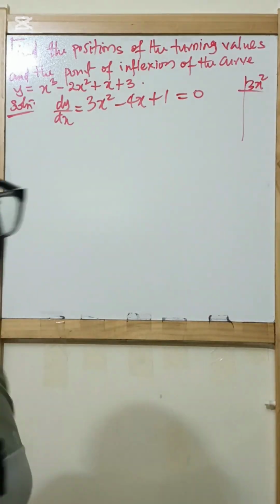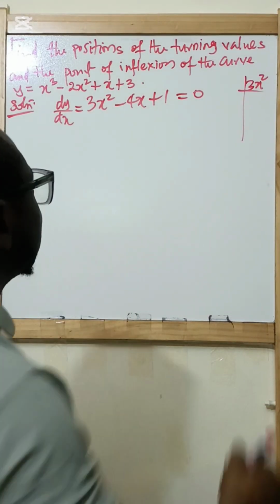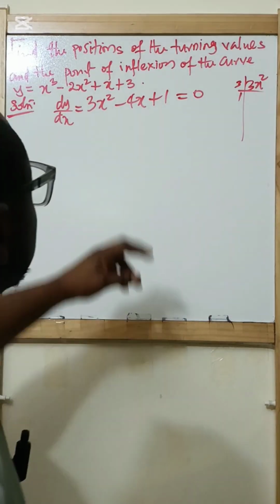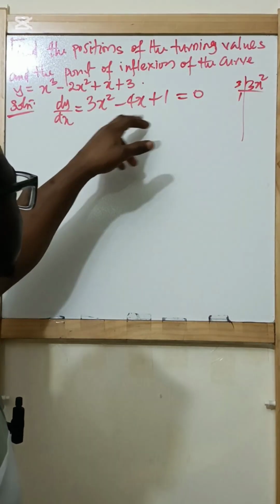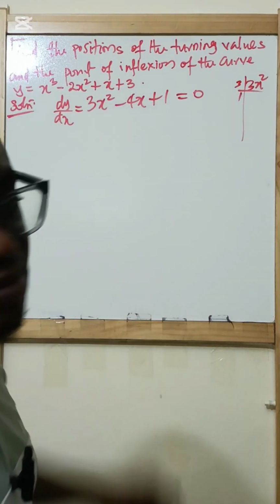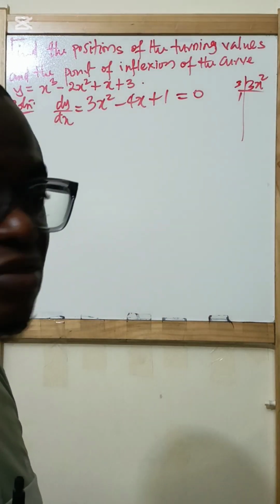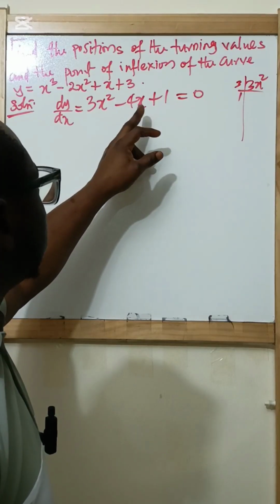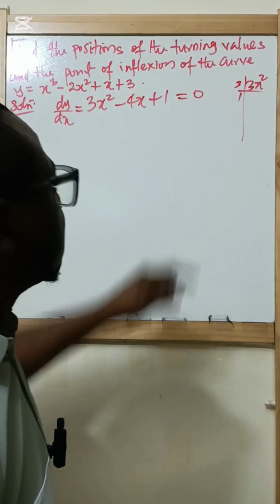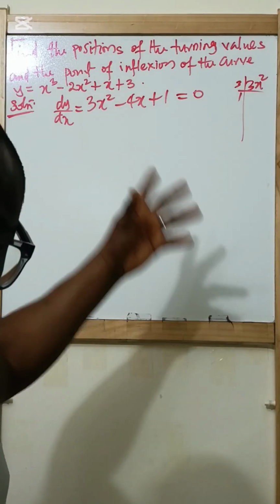We find the factors of 3, which are 3 and 1. Those two values can be used to split the middle term, so you're going to have minus 3 and minus 1, so that when you multiply them you still get this, and when you add them you get the middle term.